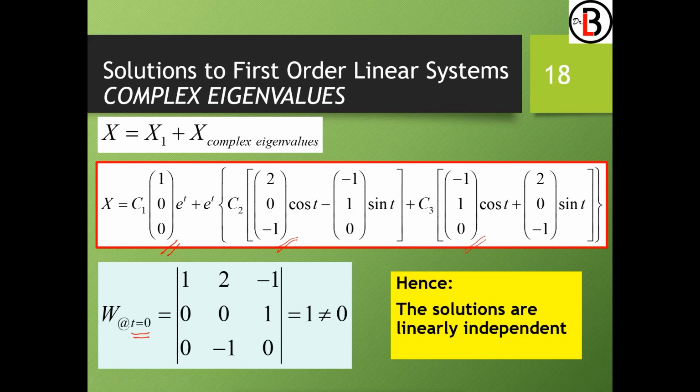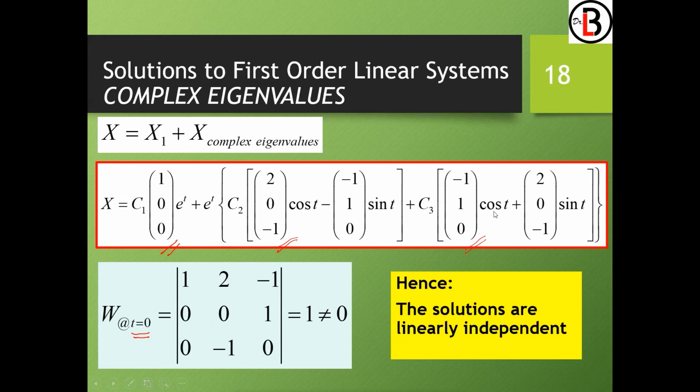So some of you might say, sir, how do I test this for the Wronskian determinant? The Wronskian determinant is tested when t is equal to 0. So look at this. When t is equal to 0, e to the 0 is 1. So you keep this. When t is 0, sine of t is 0. So you don't mind this. What's left with the C2 is just 2, 0, -1.